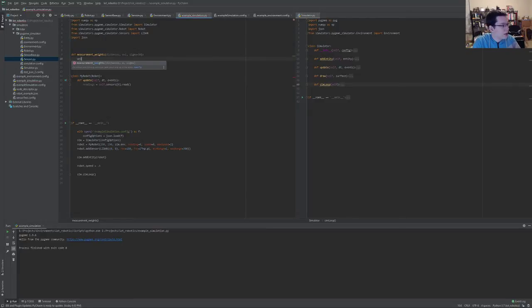So weights equals, and then we're going to apply that function, and that will be a times e to the negative distances squared divided by 2 times sigma squared. Not Simga, sigma.